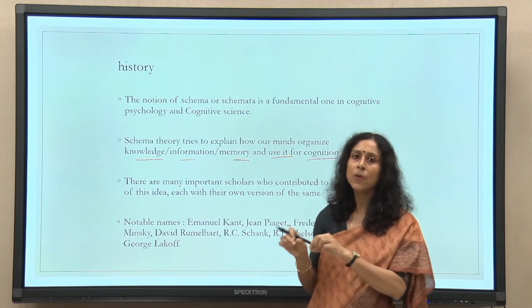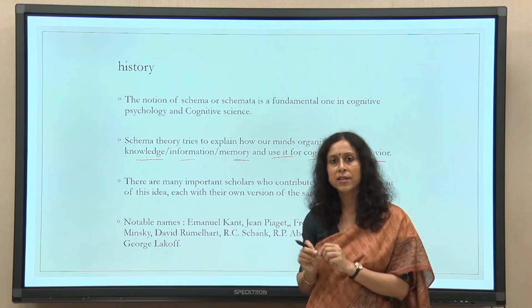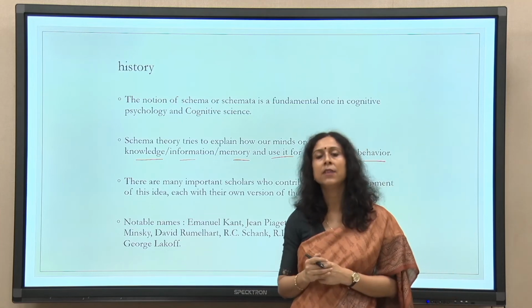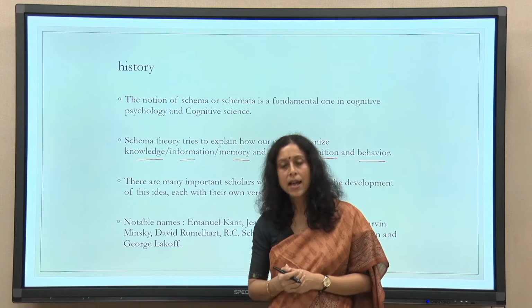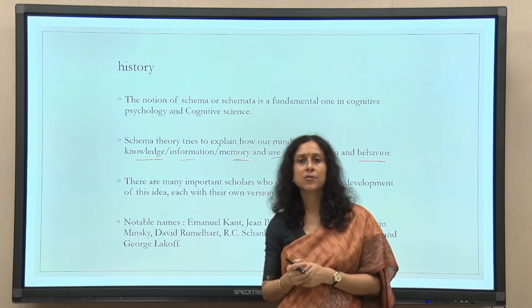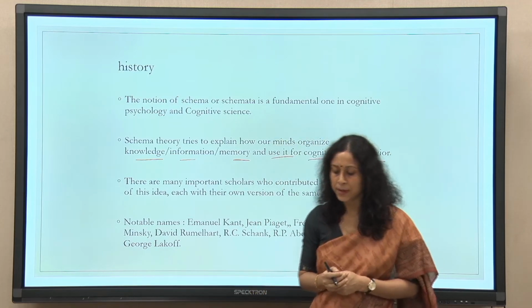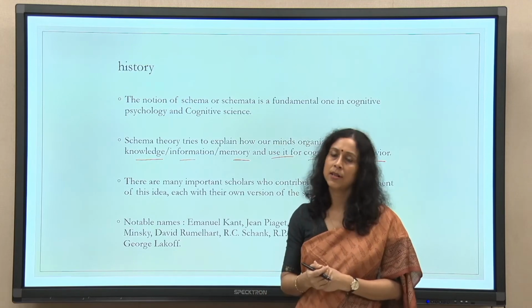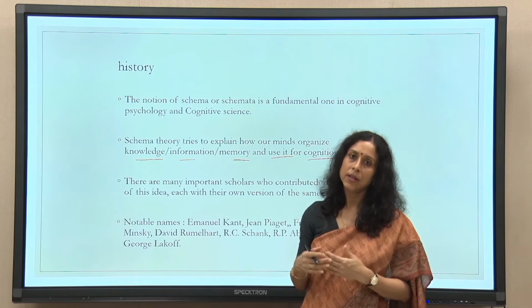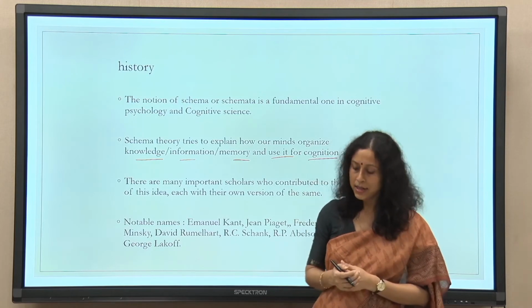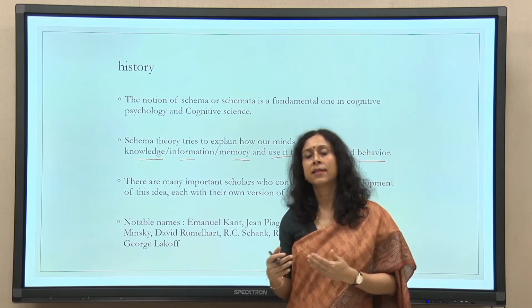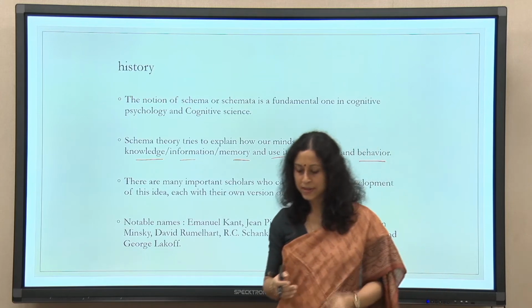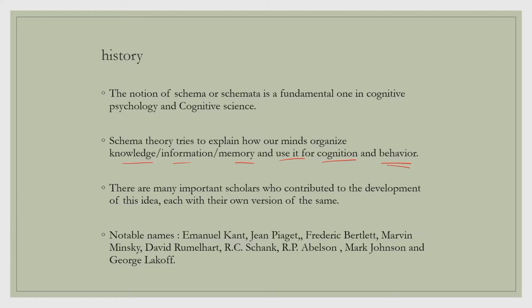These will form the parts of the information structure that will eventually create your knowledge base about that particular event, and it is stored in your long term memory. And then when you face a similar situation in a later scenario, either literally or metaphorically, you are able to make sense of the new scenario by going back to the same schema, and that will result in your behavior.